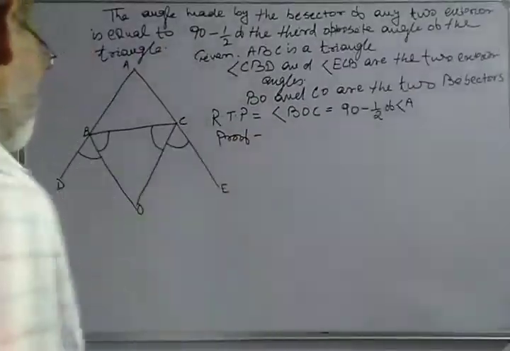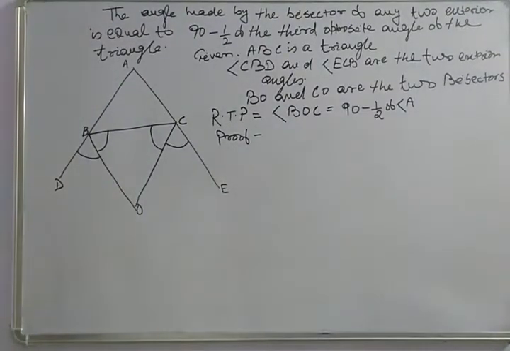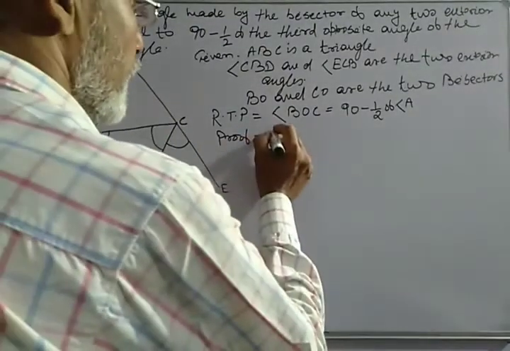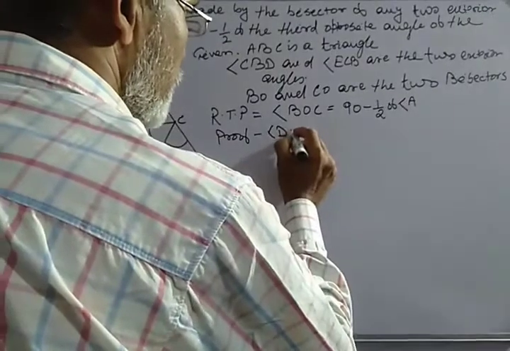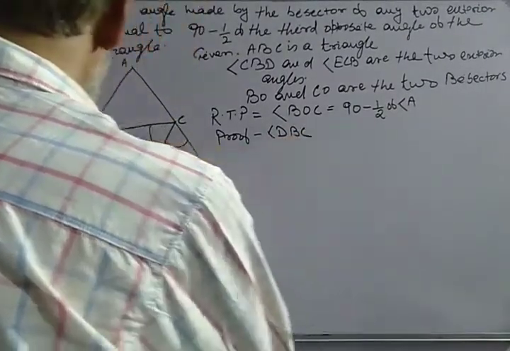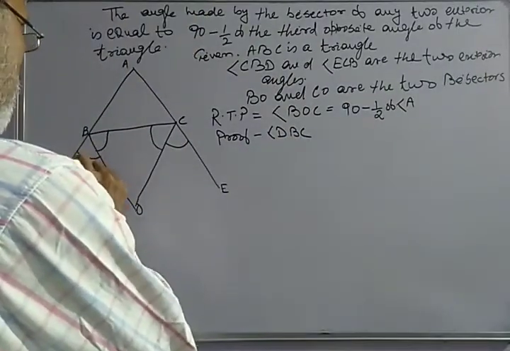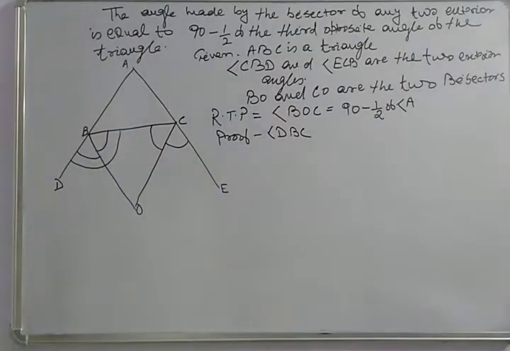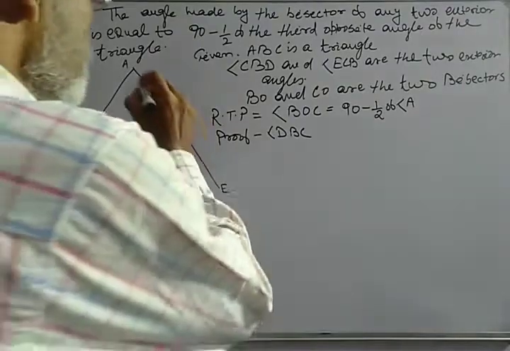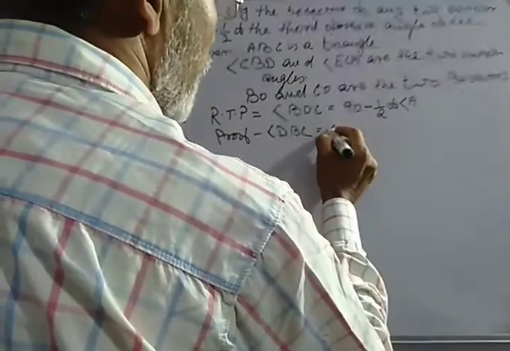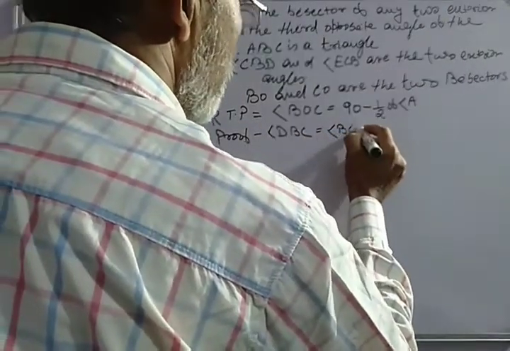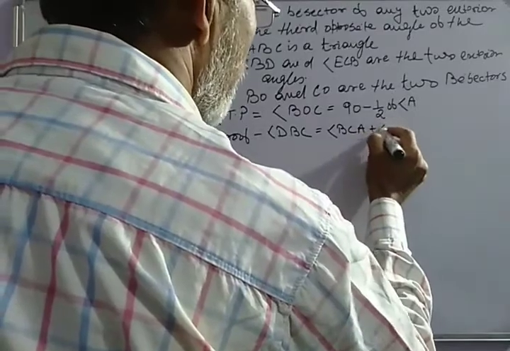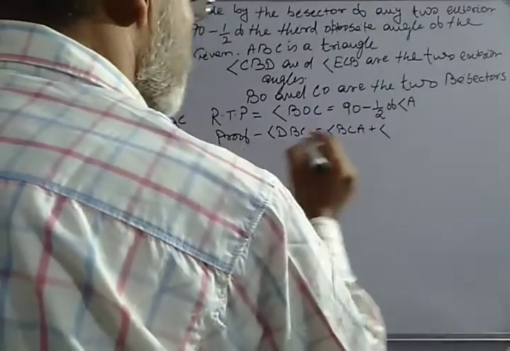The first one is angle DBC. The whole angle DBC is equal to angle BCA plus angle BAC.